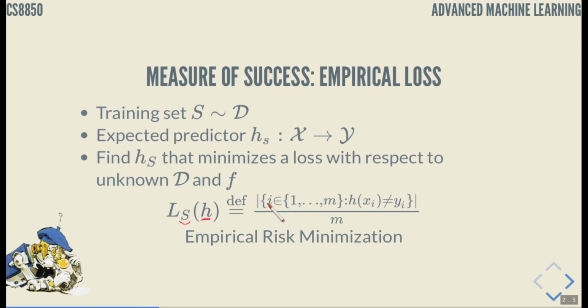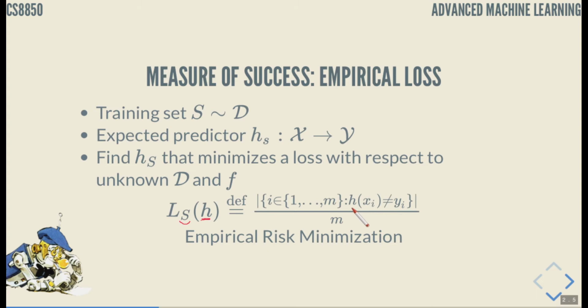And if you parse this, it is nothing but the number of incorrect samples over the number of total samples in the training set, what we usually call accuracy. But incorrect is defined here.